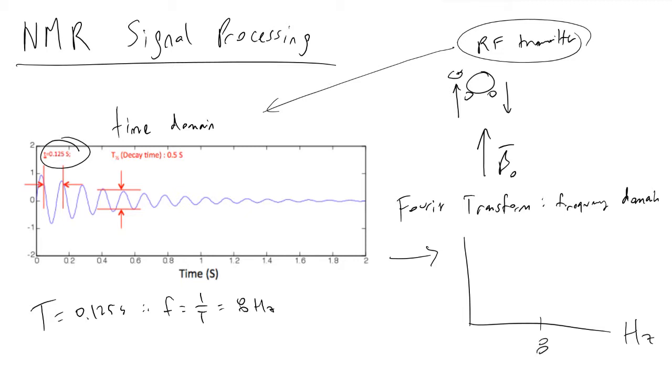Now, what will make this peak different is this peak will have a certain width to it. Because our signal is decaying, it will have a peak width that's not equal to 0. And so the faster this sine function in our time domain is decaying, the broader our peak.